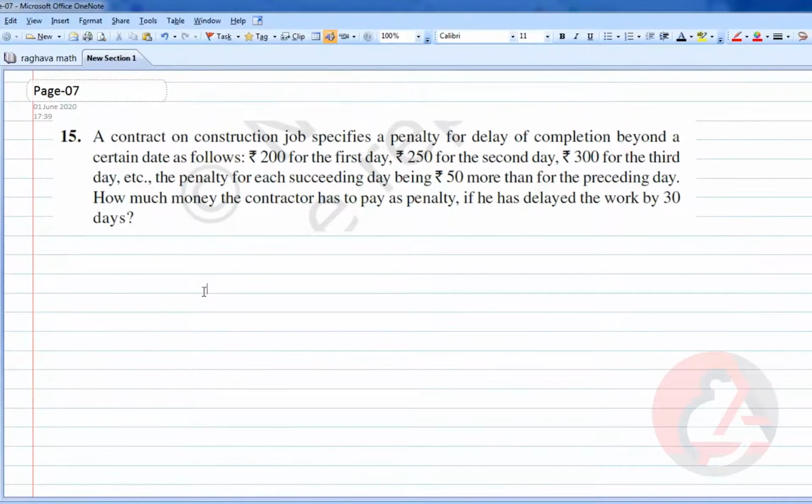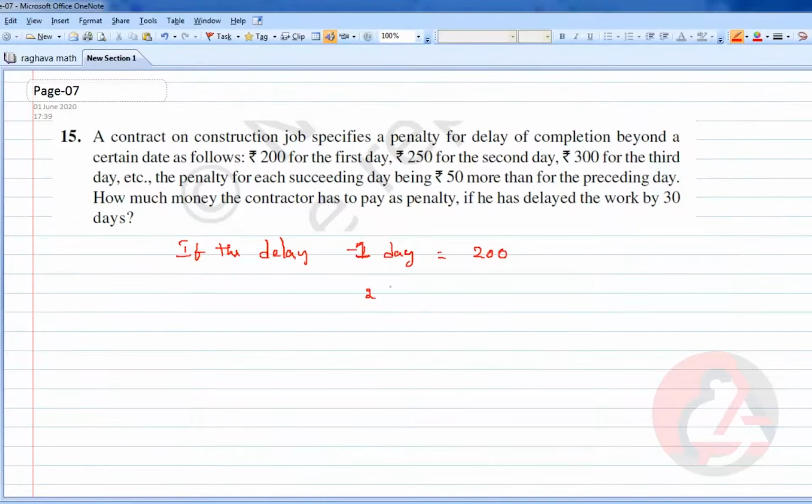See, a contractor on constructing a job specifies a penalty for delay of completion beyond a certain date as follows. If the delay is 1 day, the penalty is 200 rupees.